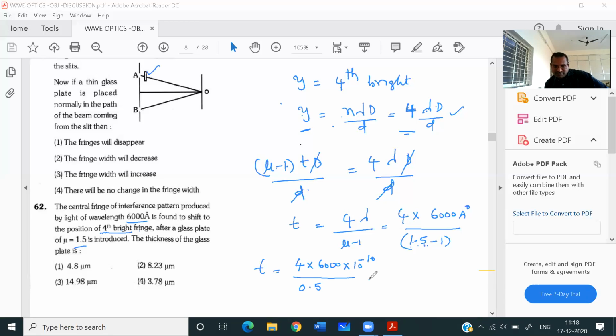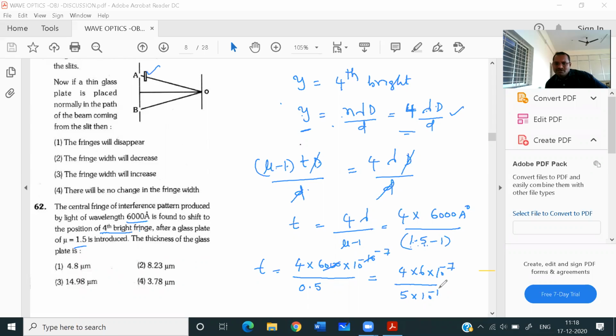So what we will get: 3 zeros cancel with 3 zeros, it will become 7. So we can write 4 into 6 into 10 to the power of minus 7 divided by 0.5, which is 5 into 10 to the power of minus 1.